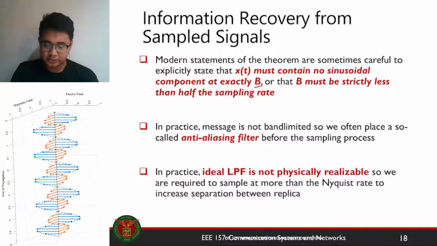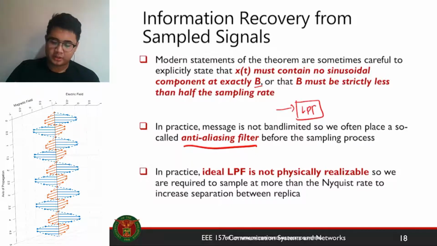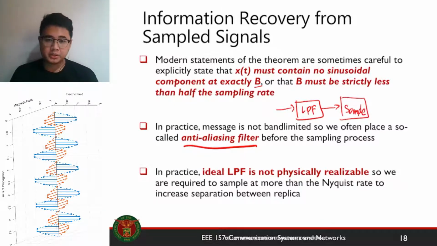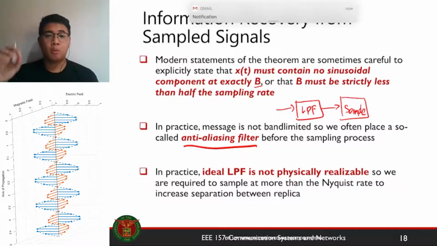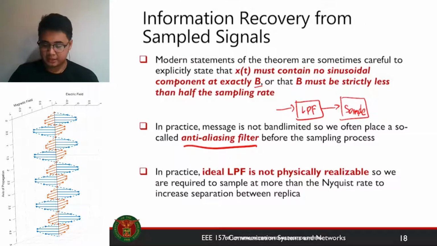And in practice, your message may not be band limited, so we use an anti-aliasing filter first before sampling the signal. Before you sample, you pass it through a low-pass filter so that any high-frequency components will be removed first. Also in practice, an ideal low-pass filter is not physically realizable. So we are required to sample at more than the Nyquist rate to increase the separation between the replicas.